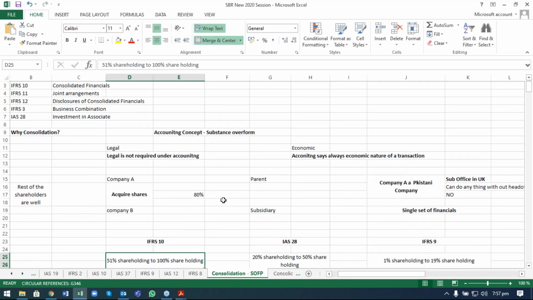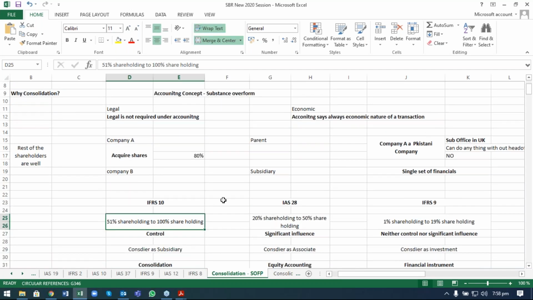For example, I'm not looking into the main requirements of IFRS 10, I'm just looking into the mathematical aspect of the calculation: if a company holds 51% to 100% of the shareholding, it means the company has control over the other company. If you have a 50% holding, it doesn't mean you have control.